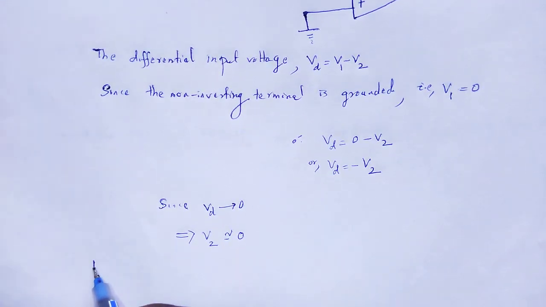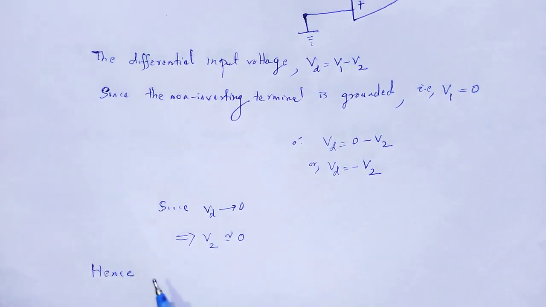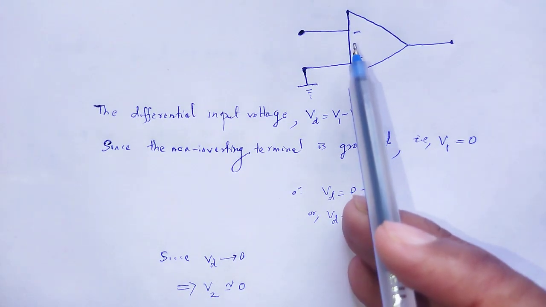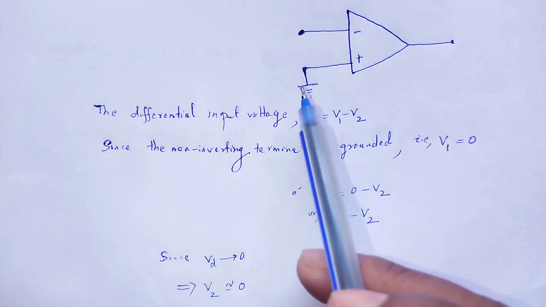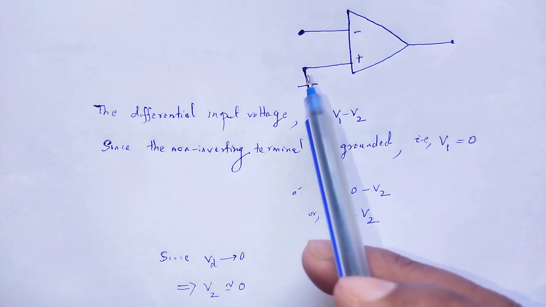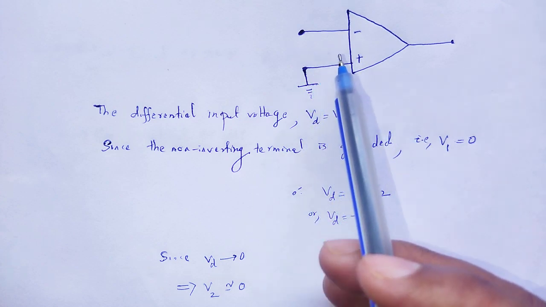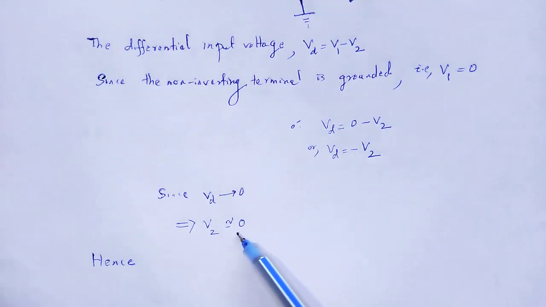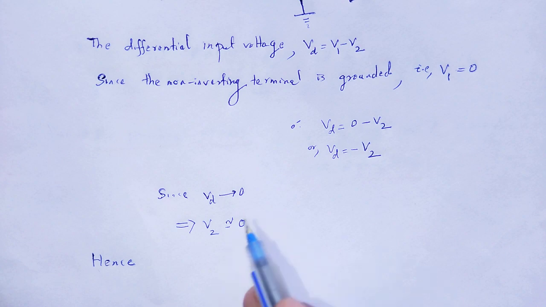Hence, the inverting terminal, although not connected to ground, is virtually at the potential of ground.